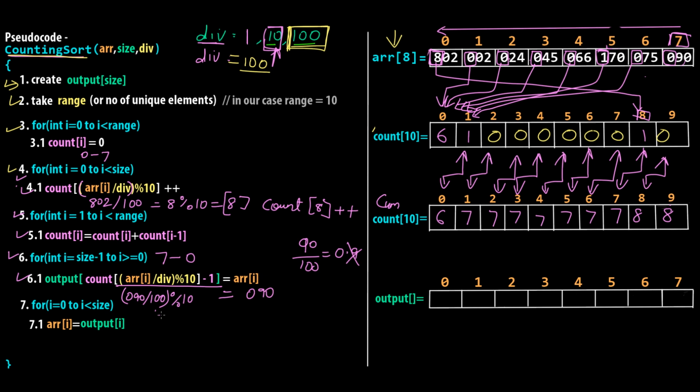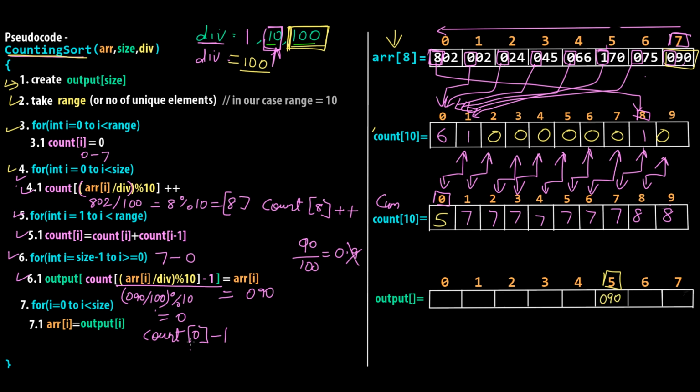Because 0 mod 10 will give you 0 only. So count of 0 minus 1. What is the count value at 0th position? It is 6. 6 minus 1 will give you 5. So 5 will be stored over here, and at the 5th index position is where you have to store 090.